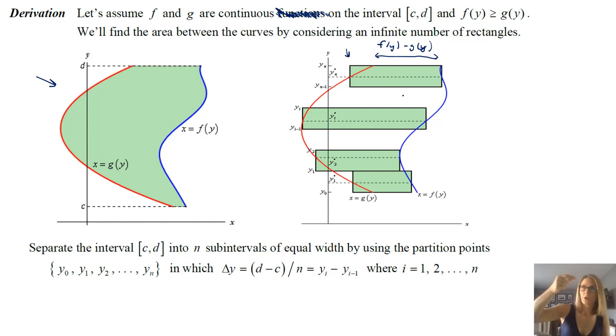The length of the rectangle is simply your change in y, or your dy in this case. Multiplying an infinite number of those together as the dy gets smaller is going to allow you to find the area.